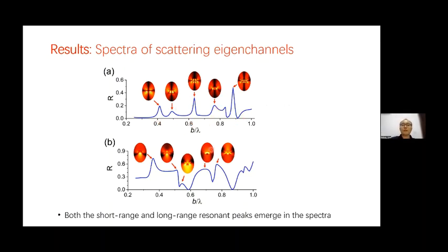Moreover, we also calculate the field patterns at different resonant peaks. You see, these field patterns are quite different for these different peaks. So it indicates that these resonant peaks are related to different resonant leakage modes of the nanoparticle.